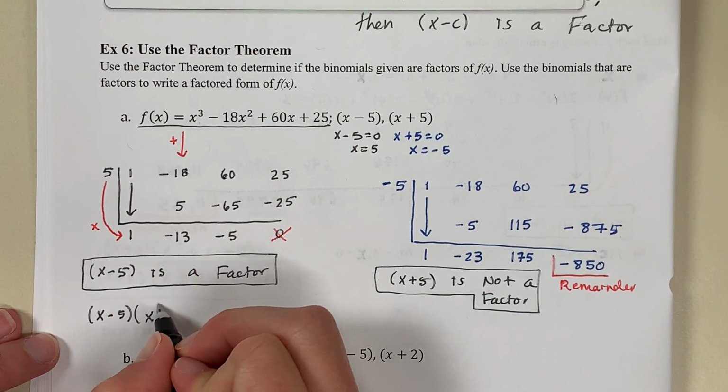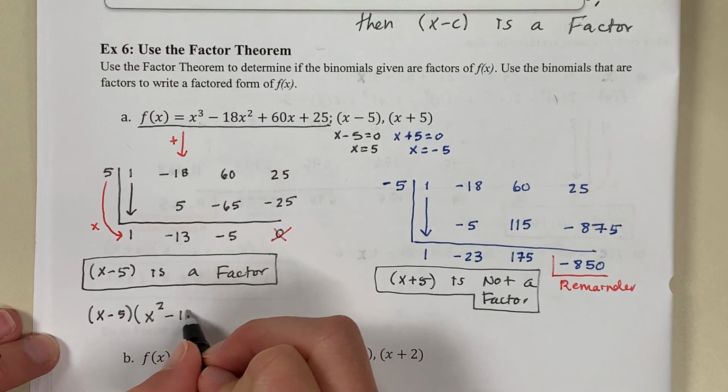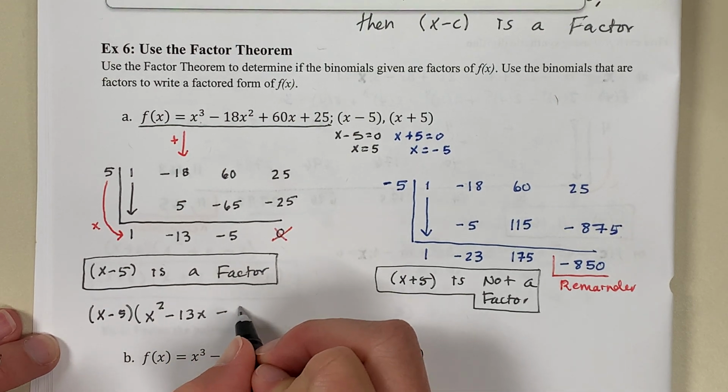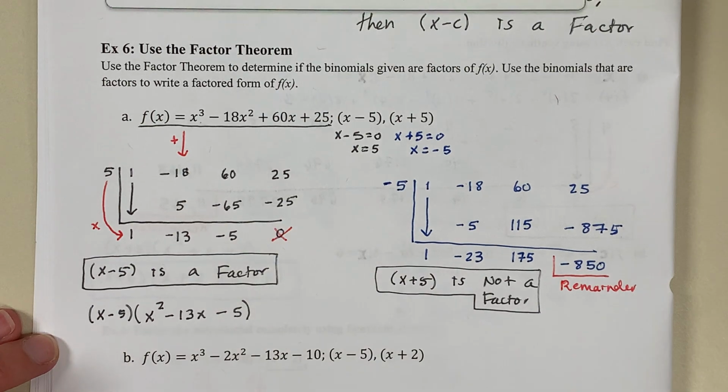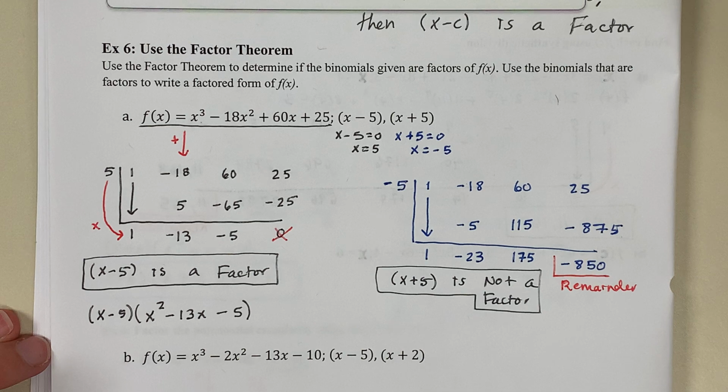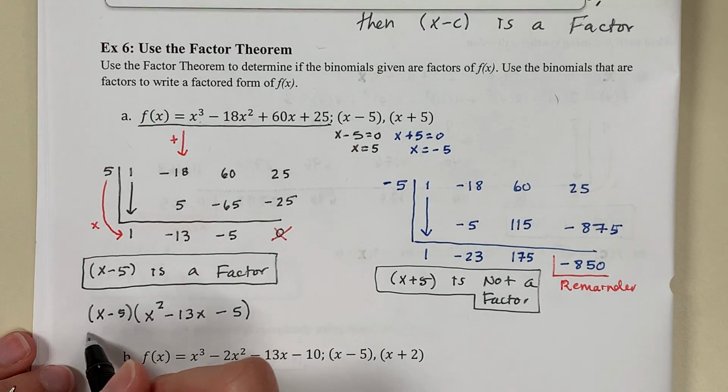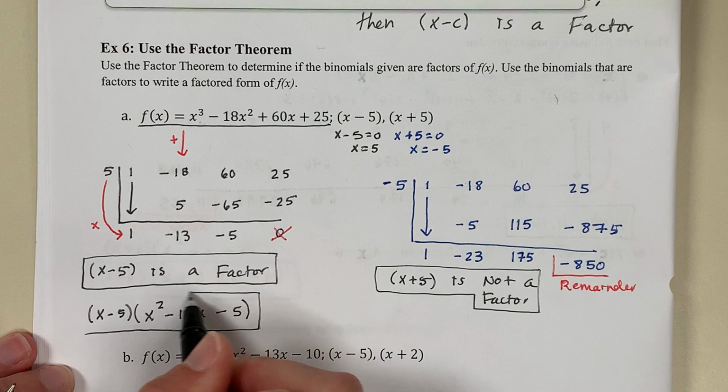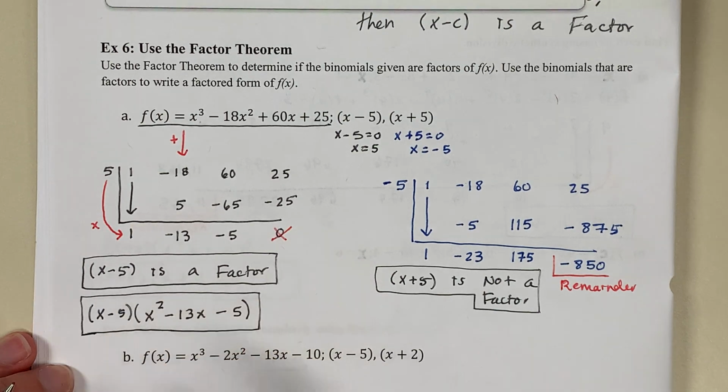So this will be x squared minus 13x minus 5. Now I'm looking for two numbers that multiply to make negative 5 and add up to negative 13. My options are 1 and negative 5, or negative 1 and 5, neither of which add up to negative 13. Therefore, I am finished, and this is the complete factored form of that polynomial.